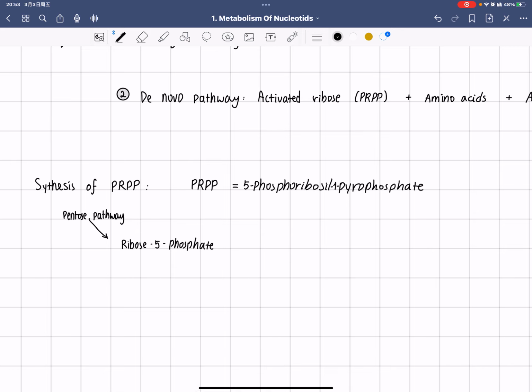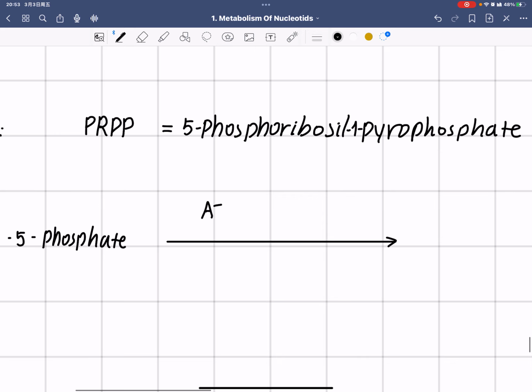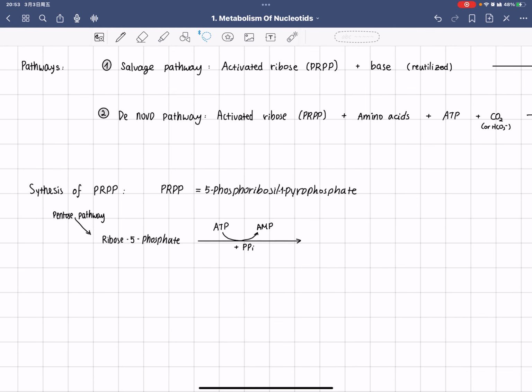So from ribose 5-phosphate, we need ATP to give us 2 phosphate groups to the ribose 5-phosphate.